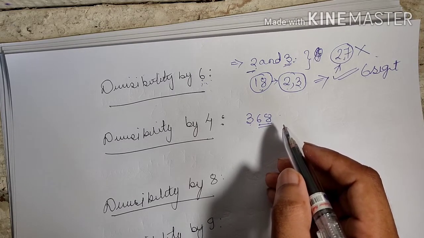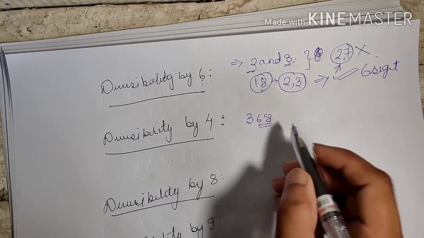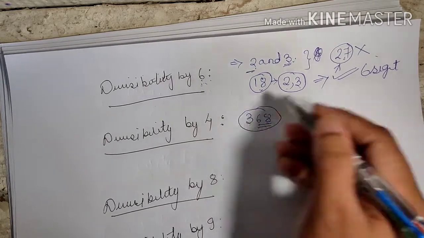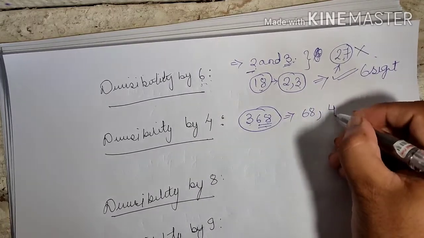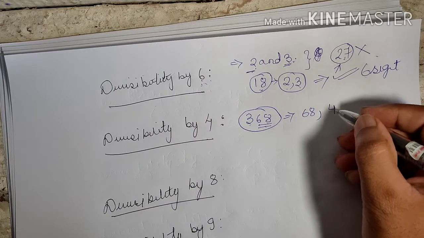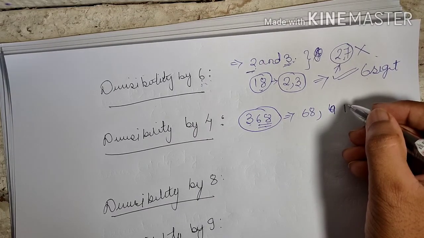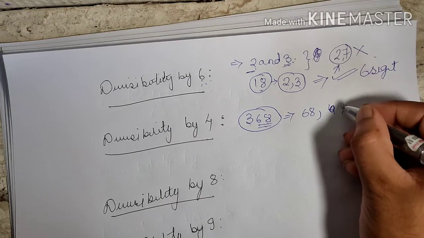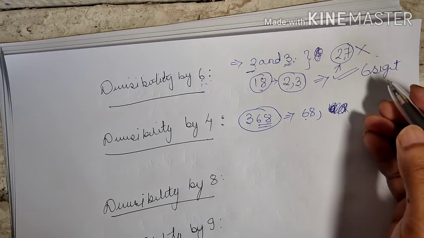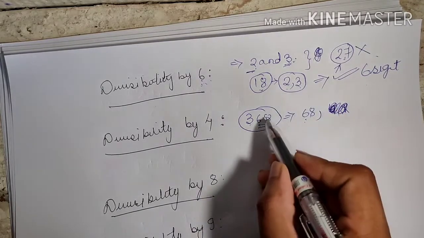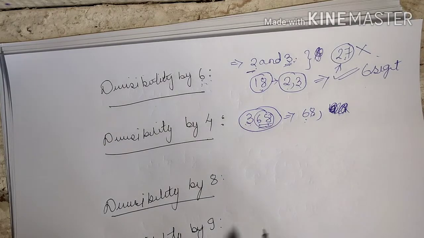If the last 2 digits are divisible by 4, then the whole number is divisible by 4. Is 68 divisible by 4? 4 1s are 4, and it is not divisible. Sorry to say, 68 is not divisible by 4. So if the last 2 digits are not divisible, then 368 is also not divisible by 4.